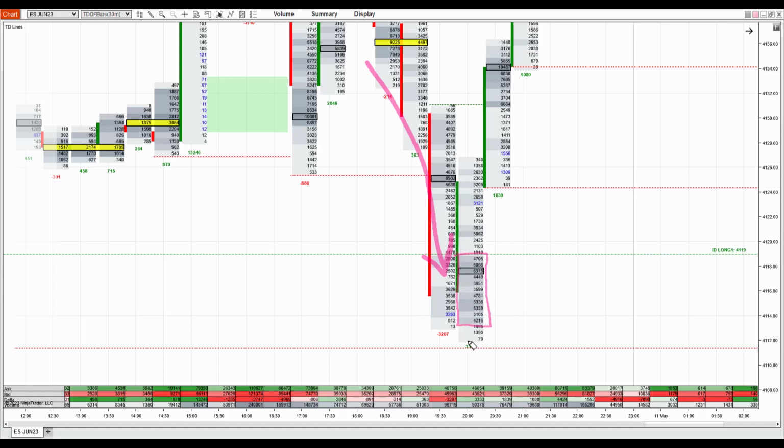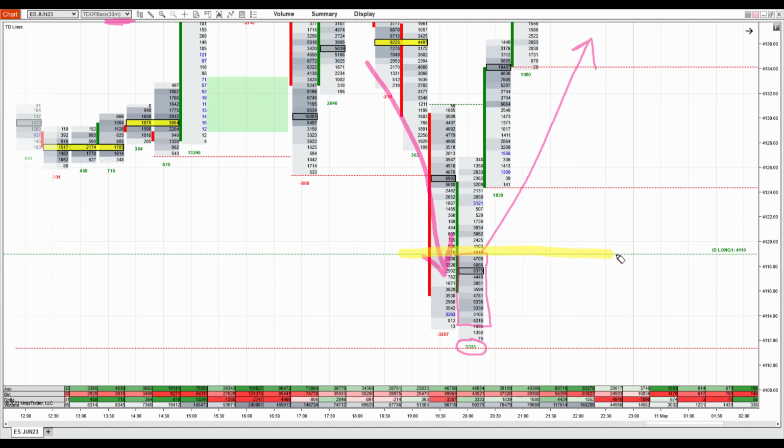Also, you can see that delta, which is in here, was massively positive, which means aggressive buyers started to jump in here. By the way, I haven't mentioned that, but we are still looking at the 30-minute time frame only with Orderflow. All right, so this is the place where buyers started to jump in, and then they reversed the price into a strong buying activity, into a new uptrend.